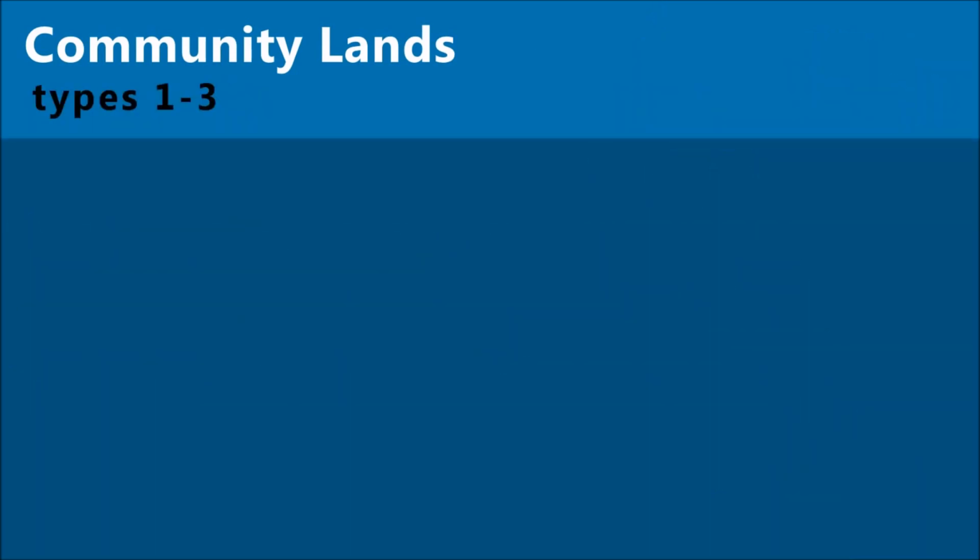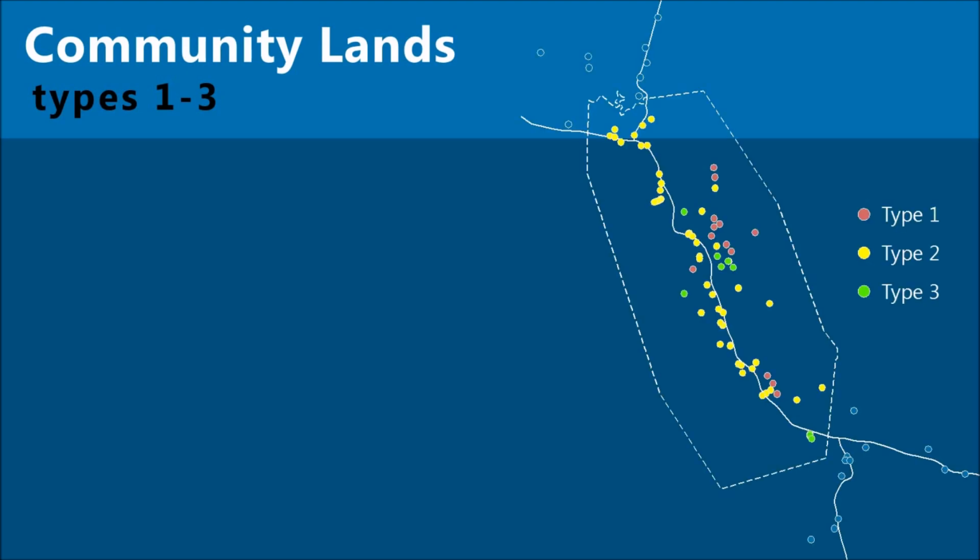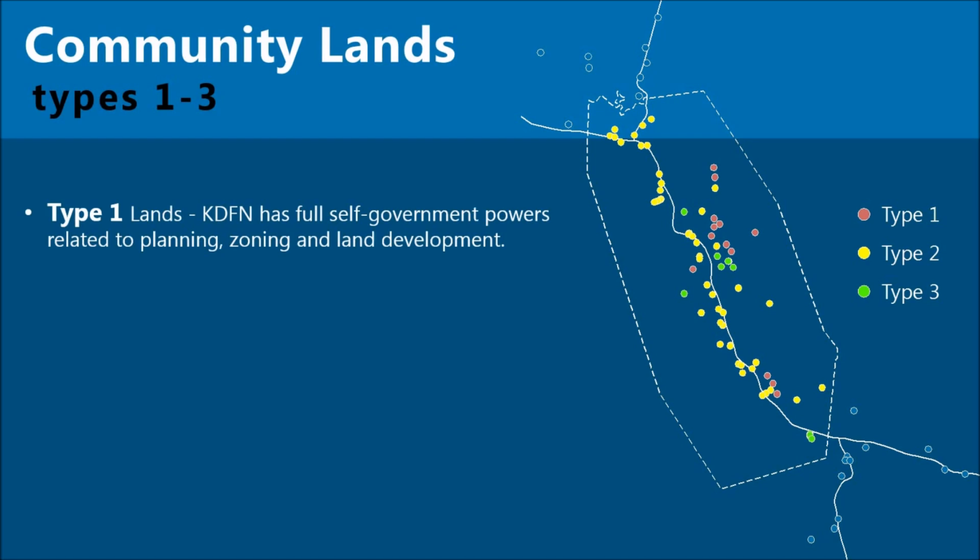So the community lands are broken down into three types. Now this comes from Kwalendon's self-government agreement. And each of these types represents different levels of self-government authority that Kwalendon has for those lands. So the type 1 parcels, Kwalendon has full self-government powers related to planning, zoning, and land development.